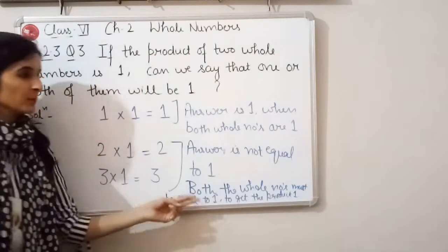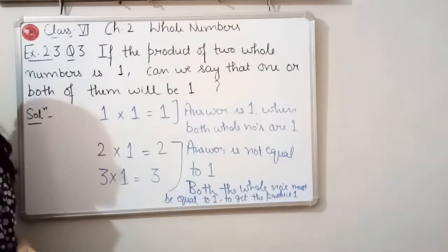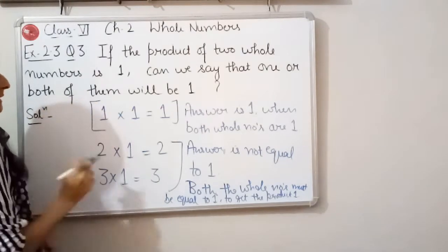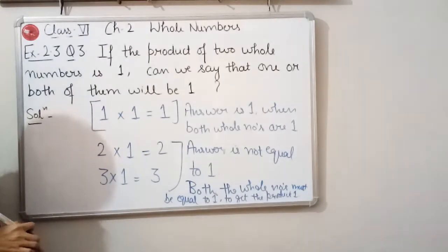For getting the product 1, both the whole numbers must be equal to 1. Okay, so only this case is satisfied for this question. Fine. So now we have to move to our next question, that is question number 4.